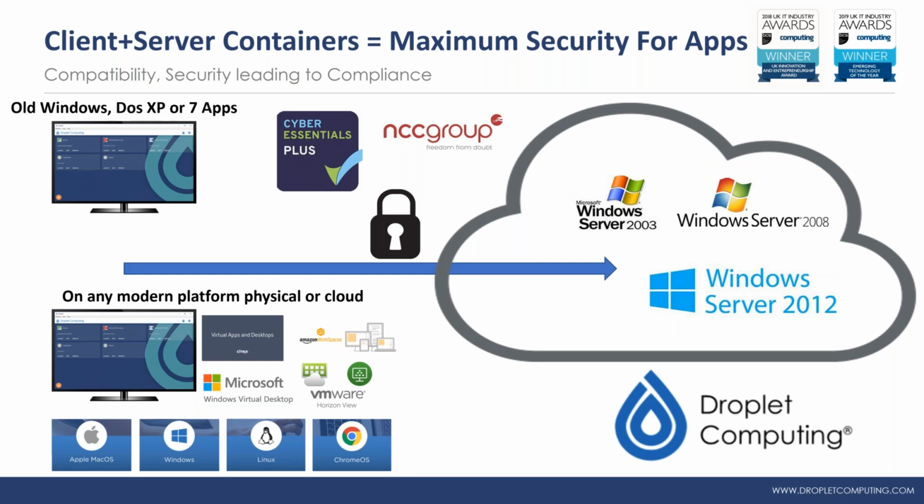So if you need an old version of Internet Explorer, for example, IE8, IE11, to talk back through to your server estate, we can protect that in a manner of where we block all inbound traffic. You can control outbound access from the container out through the host, out to speak to the container, and lock it down to only be able to do that. So therefore securing and achieving those sort of cyber essentials plus NIST type compliance.